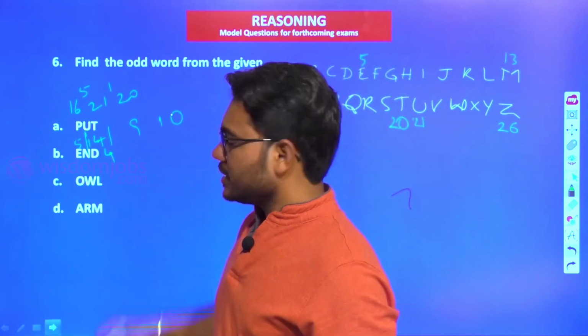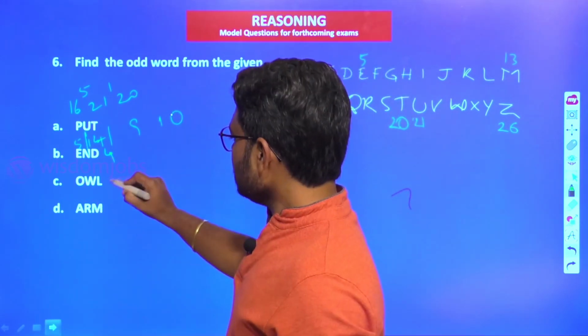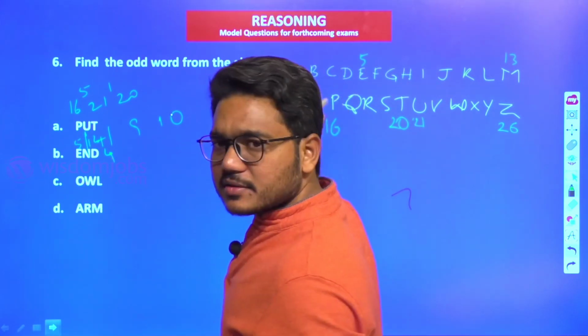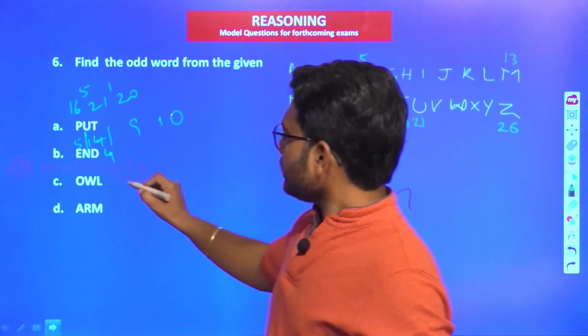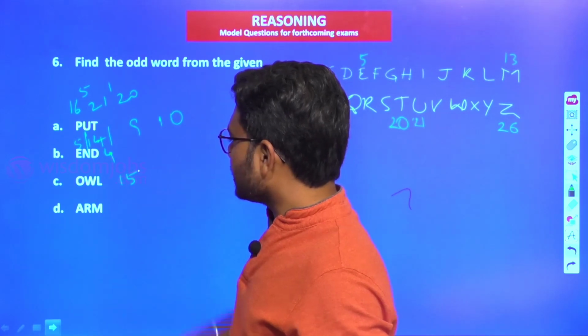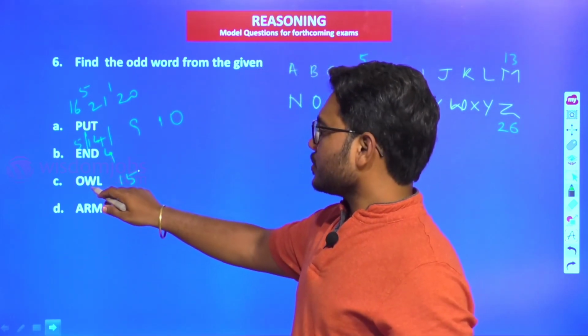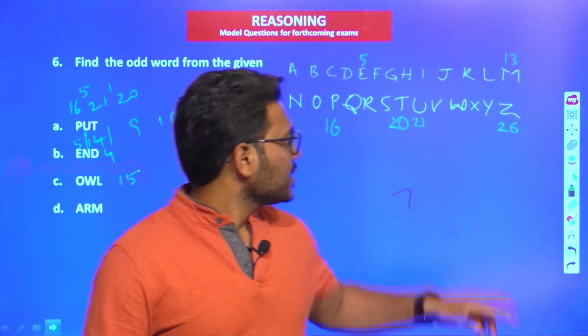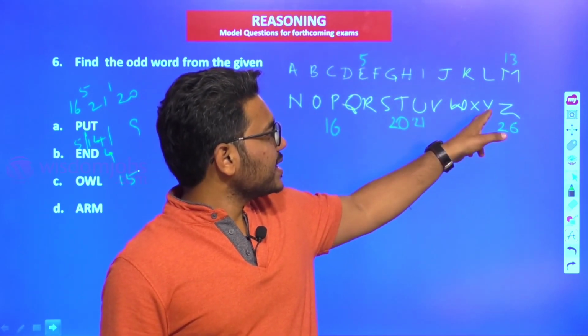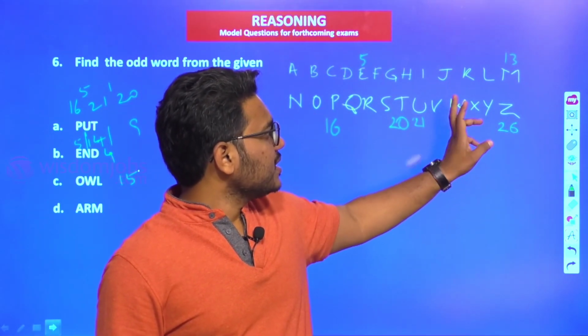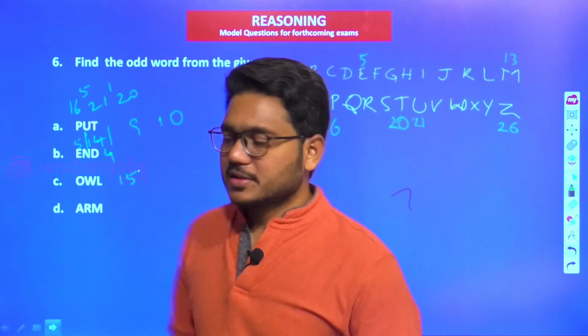Let us check with the other thing. O, what is the position here? O is 15. And what is the position of W? Counting 26 less 1, 2, 3, it is 23.